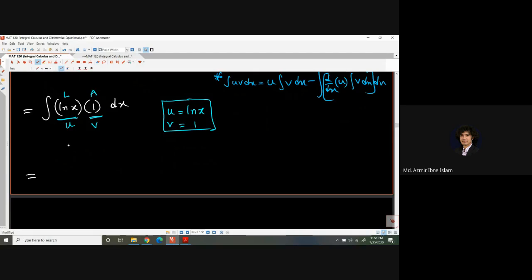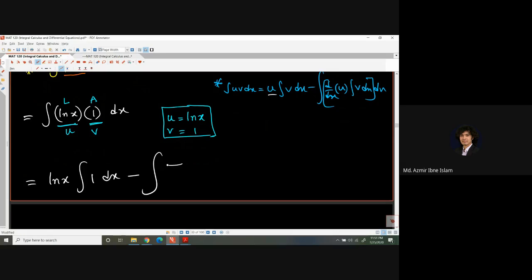So here you can see that at first u is coming. u means natural log of x, times the integration of v, v is 1, dx, negative. Inside this integral, we have d/dx of u, so d/dx of natural log of x times the integration of v dx, so v is 1 again, dx.